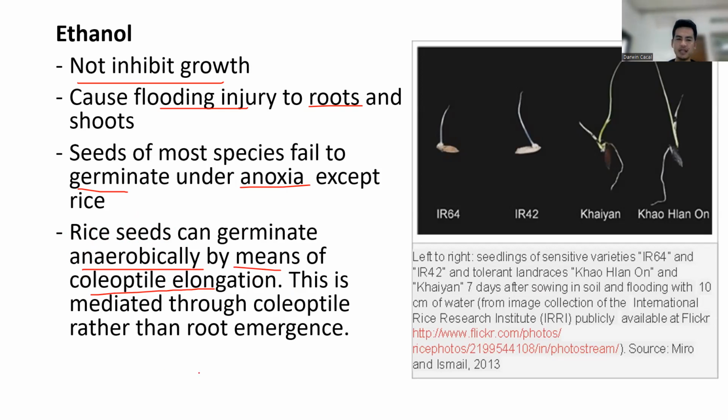So this is mediated through coleoptile rather than root emergence. So hindi agad-agad roots ang ine-emerge ng ating rice, kaya nga very successful yung kanyang germination. So ang unang nagpo-produce, as you can see dito, the coleoptile rather than the roots. Okay? So once na nakapag-produce na ng coleoptile, that's the time na magre-release na siya ng roots.